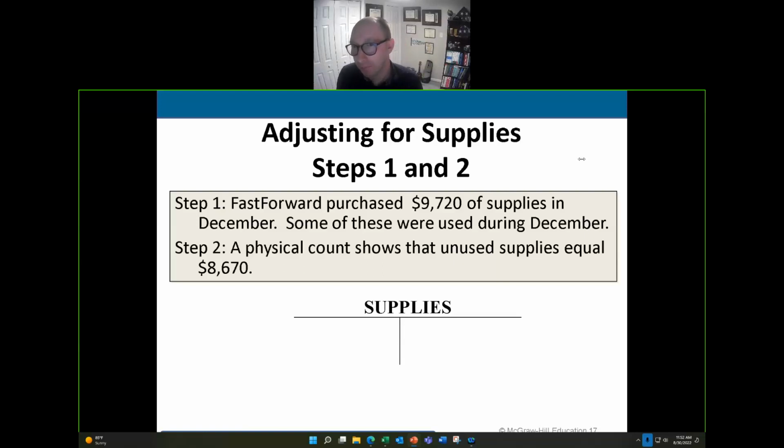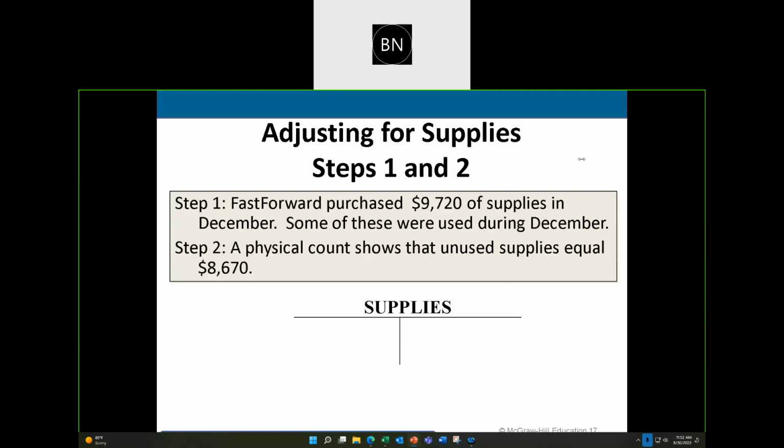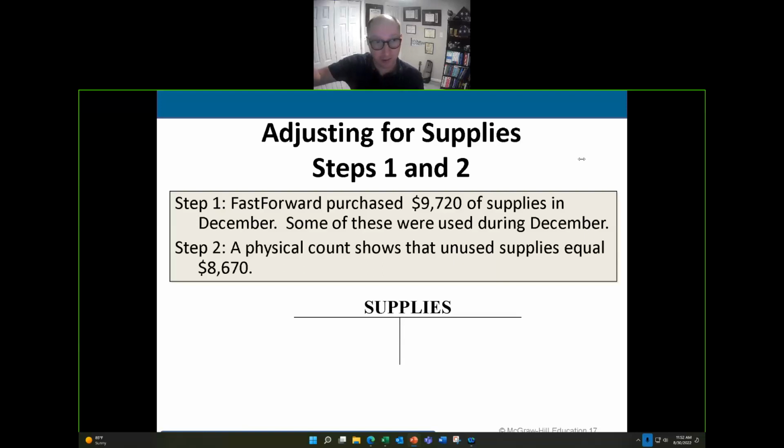Got you. Could we do some more examples of that, if possible? Absolutely. And this is our next example. Actually, this one's about supplies. Excellent question. So sometimes companies will purchase supplies to be used in advance.